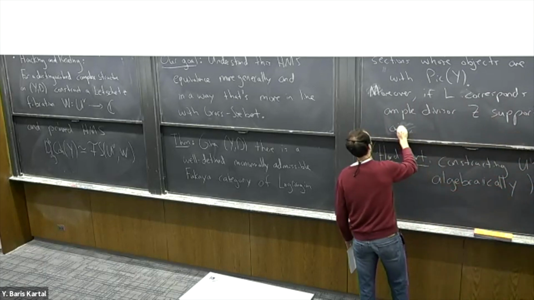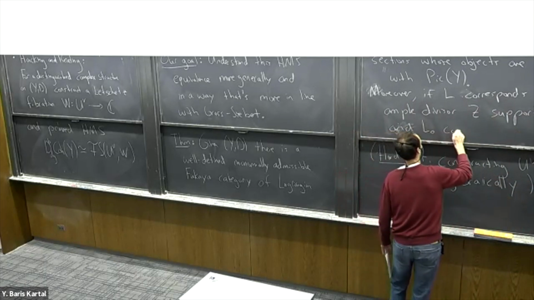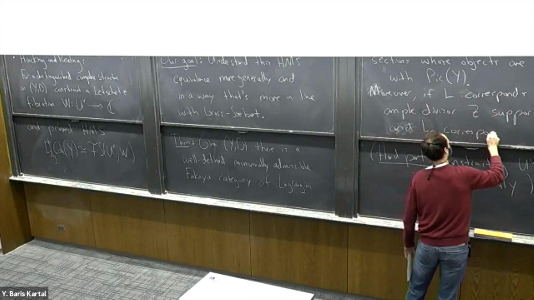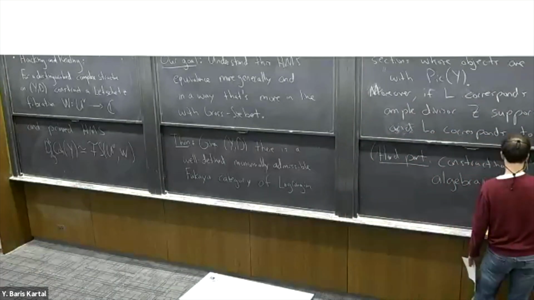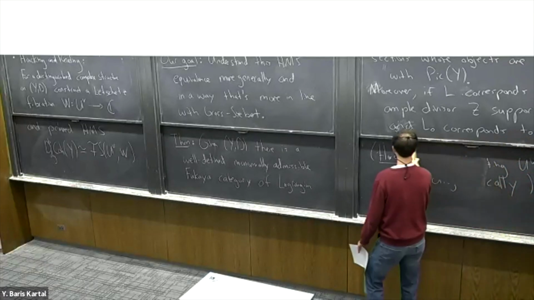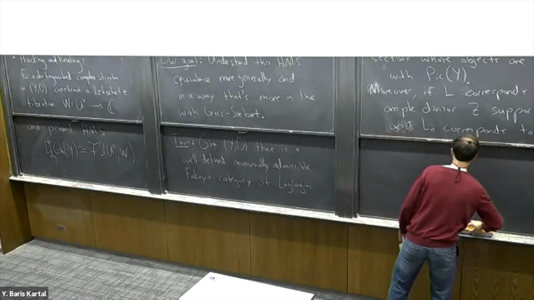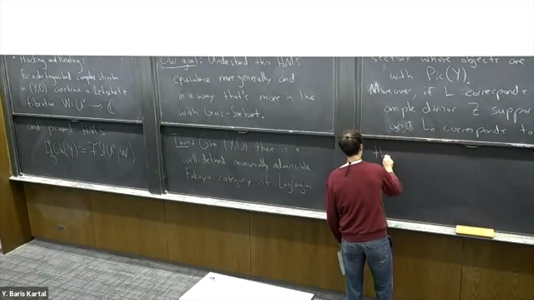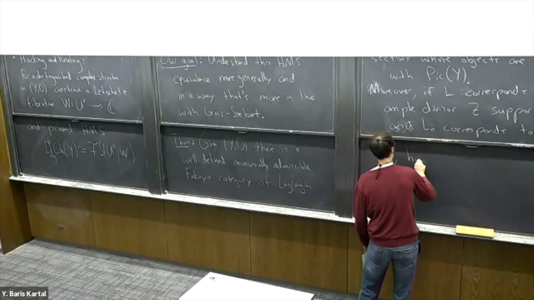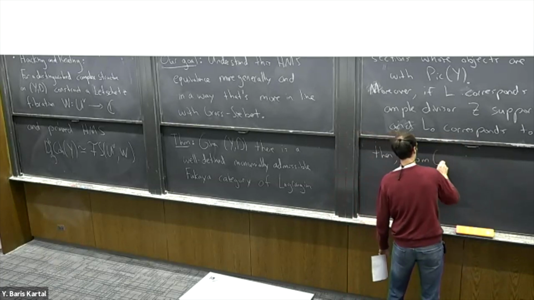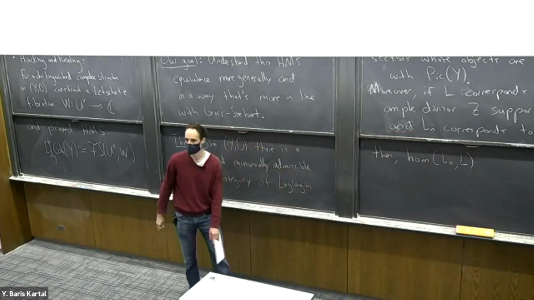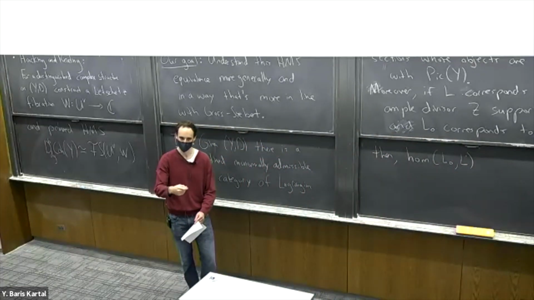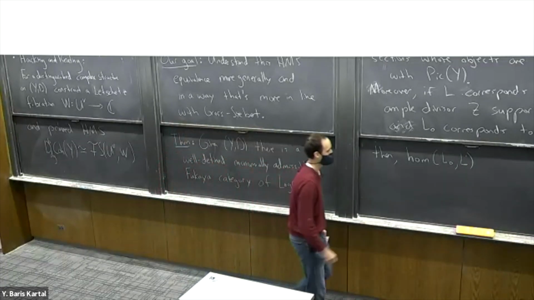And L0 corresponds to the structure sheaf. Then Hom of L0 with L. Okay, so this is some kind of homogeneous coordinate ring of Y, because I'm looking at maps into some ample line bundle and I can take its powers. Matches.